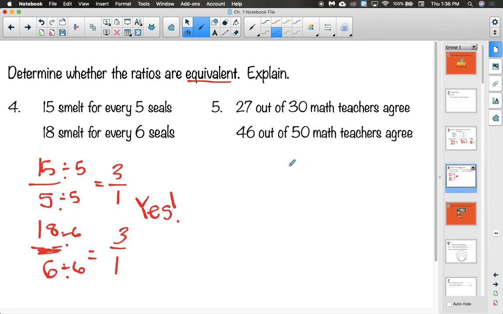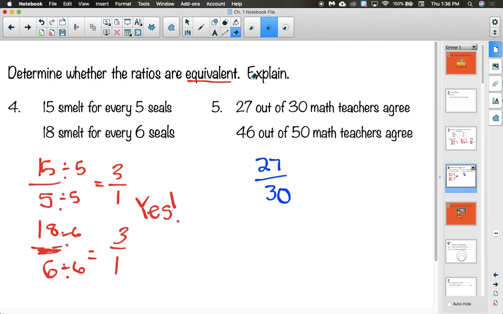Another way to do this would be to, and I'm going to change colors here, write my ratios and check the cross products. So we can try that method as well. Number 5 says 27 out of 30 math teachers agree. So my first ratio here is 27 out of 30, 27 to 30. My second ratio is 46 out of 50 math teachers agree.